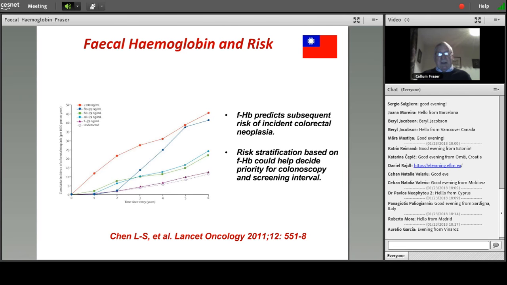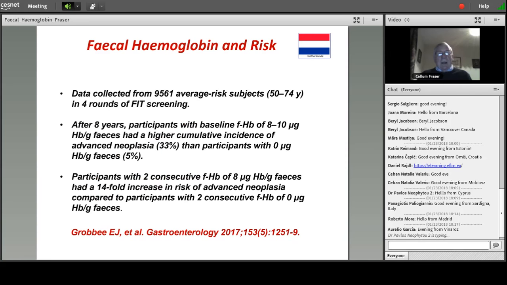And this has also been very elegantly shown recently by our colleagues in the Netherlands. Looking at 4 rounds of FIT screening, after 8 years, participants with a baseline fecal hemoglobin of 8 to 10, remember 10 is the cutoff used in their screening programme, had a higher cumulative incidence, quite a lot higher than those with undetectable hemoglobin.